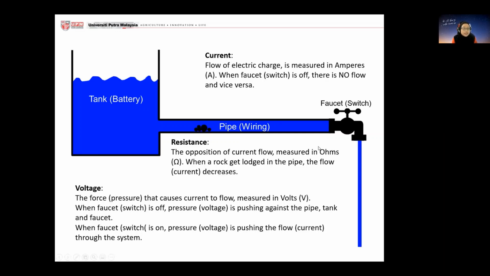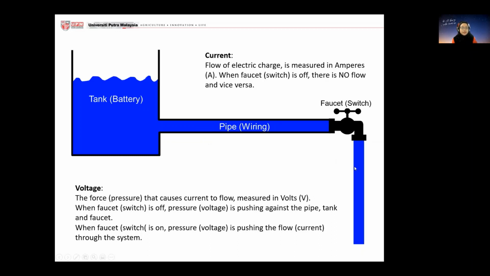Now the third one is resistance. Resistance is the opposition to current flow, and you measure that in ohms. For example, in this representation, imagine you have a couple of rocks here. When a rock gets lodged in the pipe, the flow will decrease.